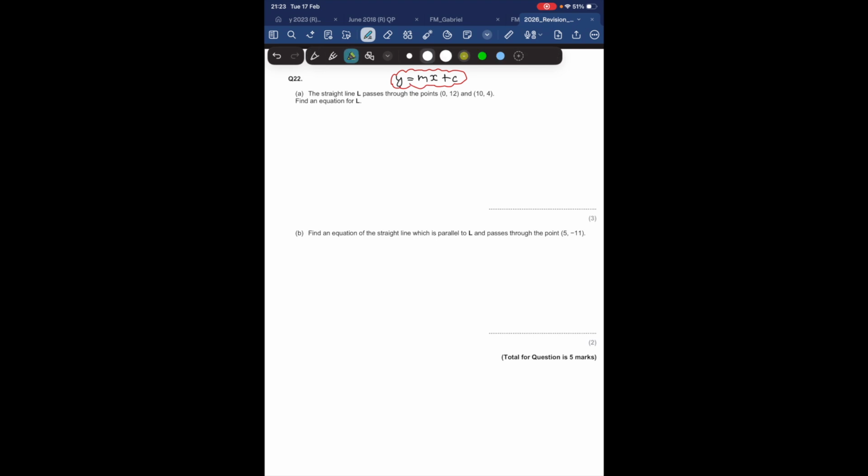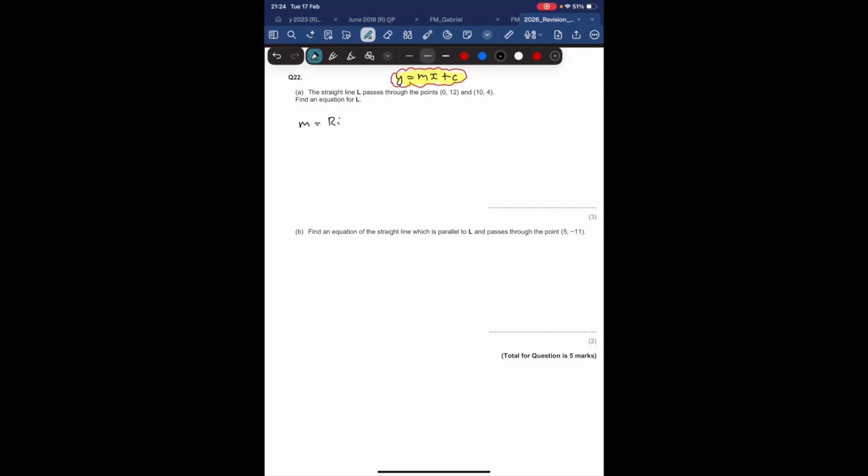Now, in the general equation of a straight line, y equals mx plus c, the m refers to the gradient of the line, and the c refers to something called the y-intercept. So the gradient of a line is conventionally given the symbol m.